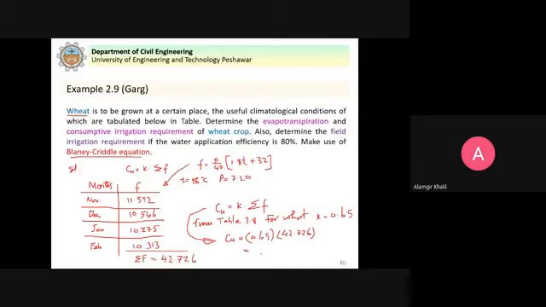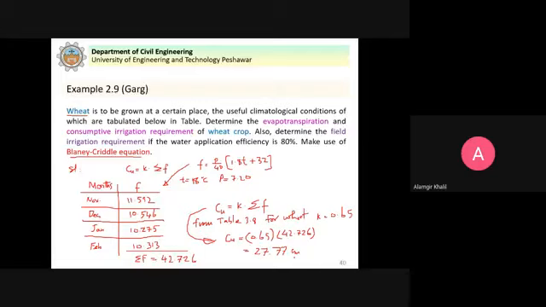So this will be equal to 27.77 centimeter. Cu is in centimeter. Clear? So this is how we calculate the consumptive use.